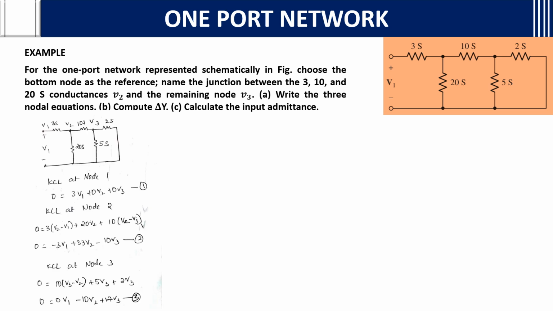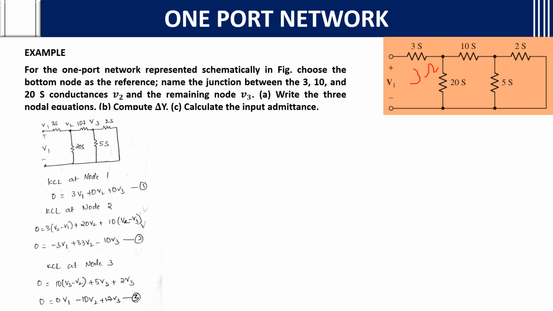So what do we need to do? We need to apply KCL at node 1. What do we get? 0 equals 3 V1. Why? Because it is in Siemens. Now if it is 3 ohms, for example, what do we do? We write V1 by 3. Sorry, not KVL, KCL at node 1, or nodal analysis at node 1.